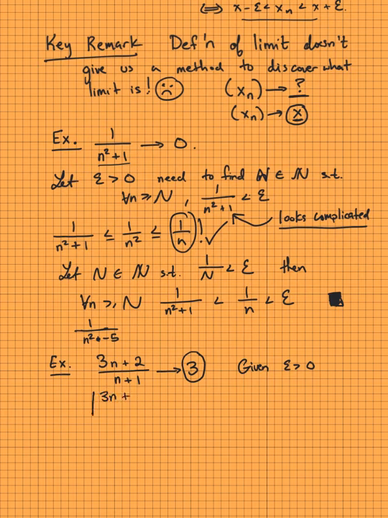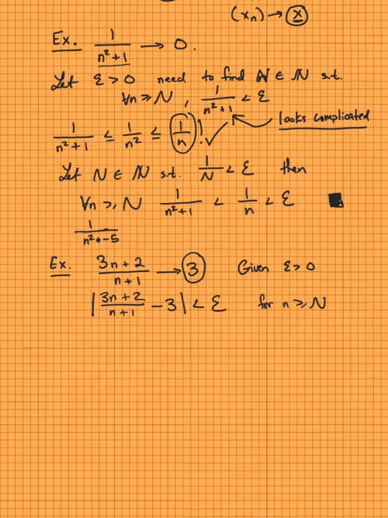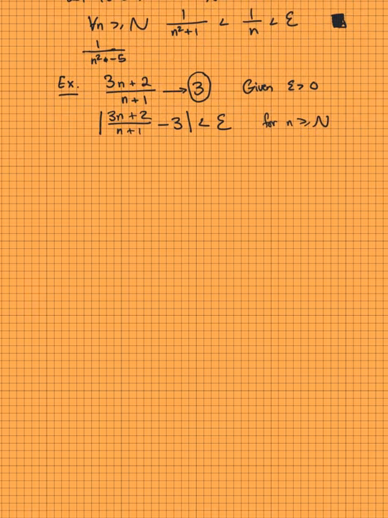So we need to show that the absolute value of 3n plus 2 over n plus 1 minus 3 is less than epsilon, again, for some N such that n bigger than N that we find, okay?